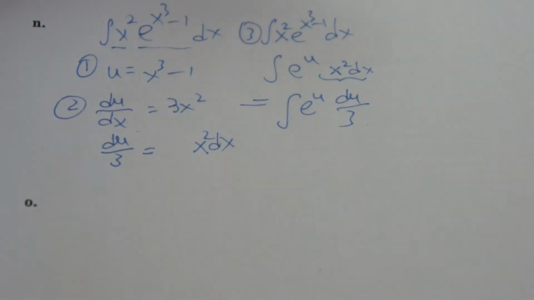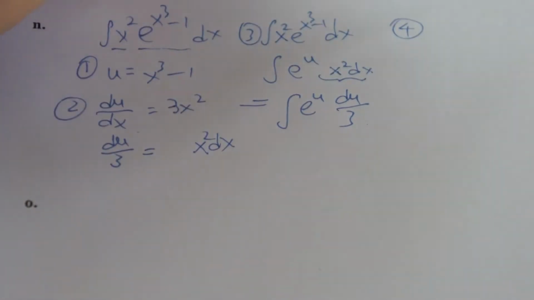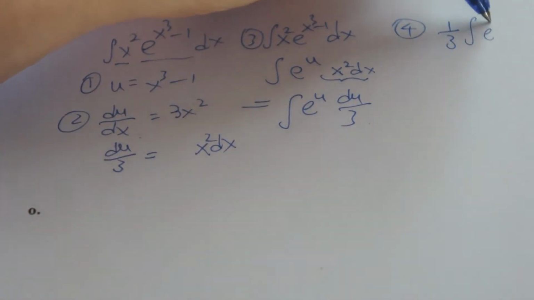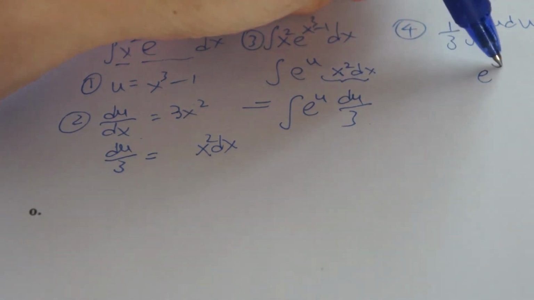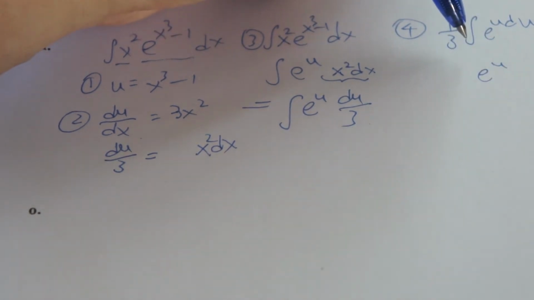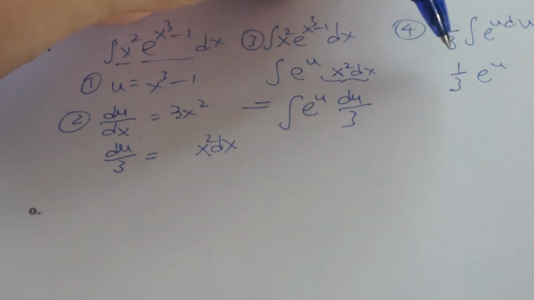Alright, number 4: you have 1 over 3 times the integral of e to the power of u du. Afterwards, you integrate this one, which is unchanged, according to the rules that I have just said before.